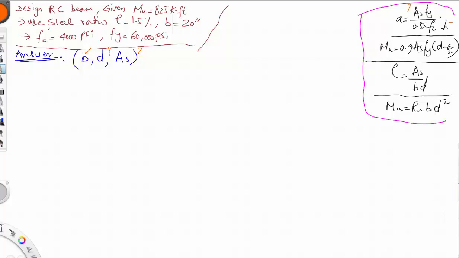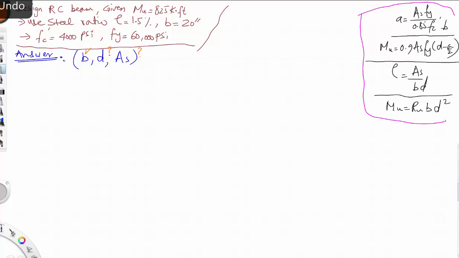I can calculate a, that's fine. But when I come to this, I know a, I know M, I don't know d, so d and As are both unknown, so I will not be able to use these two equations. That's why these two equations are not something we'll be using.